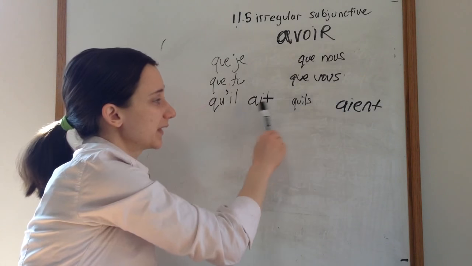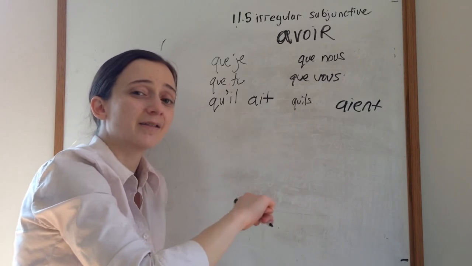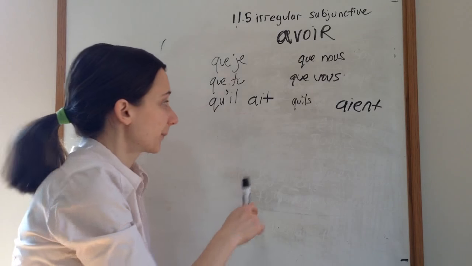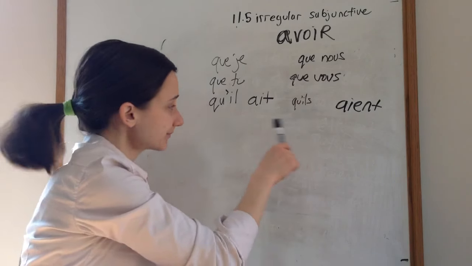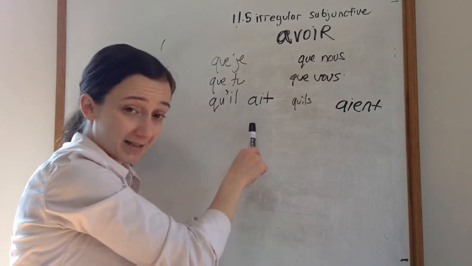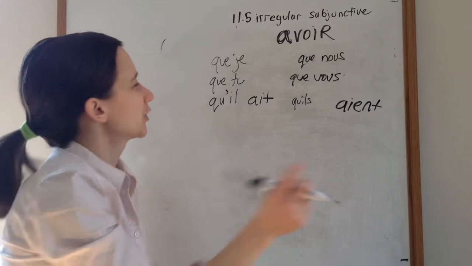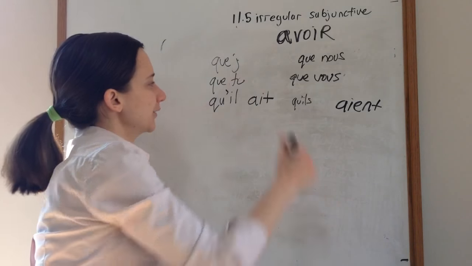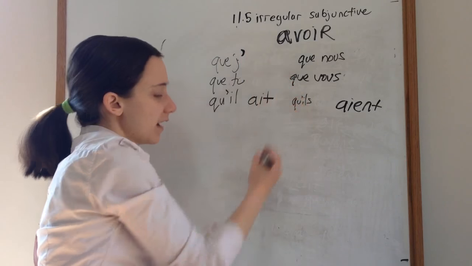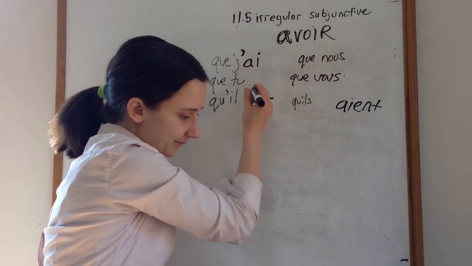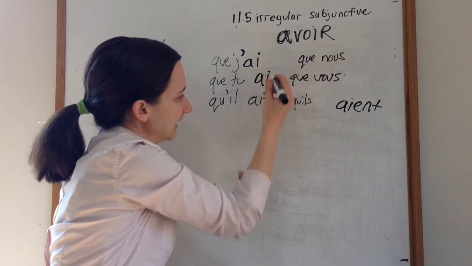Those are the same things that we added for the imparfait onto other verbs. Remember? Je mangeais, j'aimais, right? So those are the endings right there. Unfortunately, for the je and the tu, it's not quite as easy, but we do still have that AI, and we have the AI.